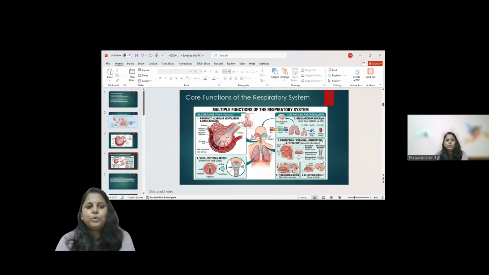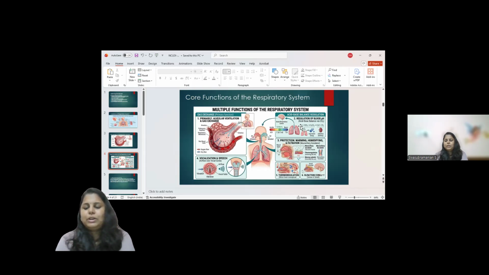Let us discuss the core functions of the respiratory system. The first function is gas exchange. Previously we discussed how the gas exchange takes place during inspiration and expiration, how the air enters our body, and how carbon dioxide, the waste from cellular metabolism, is eliminated. The second is acid-base balance.